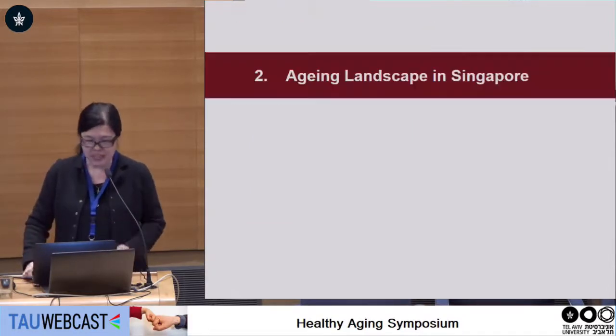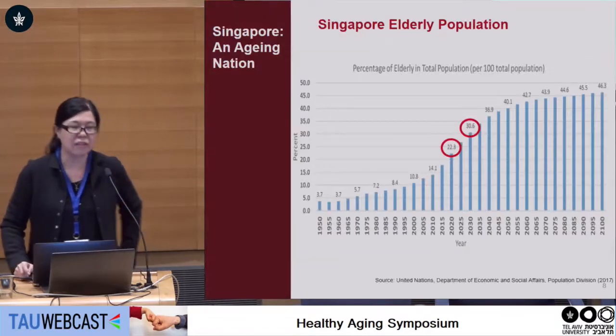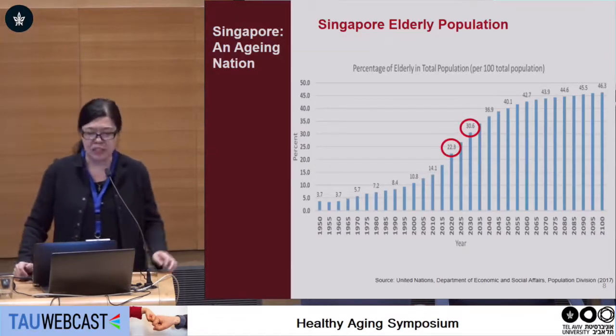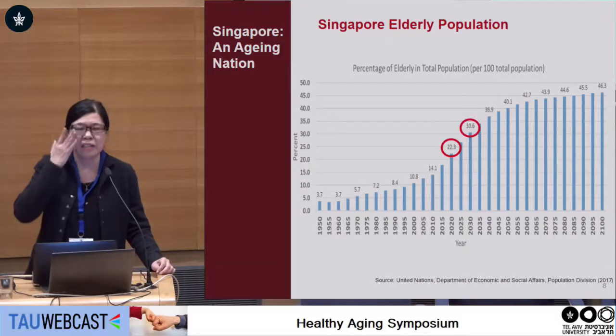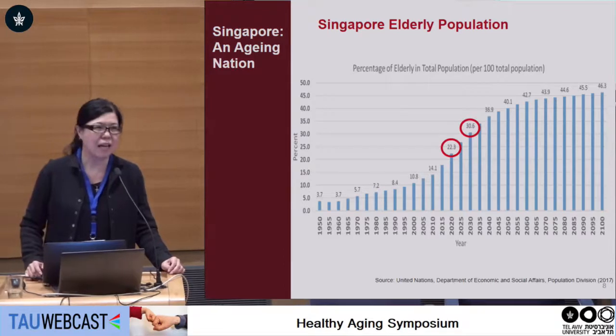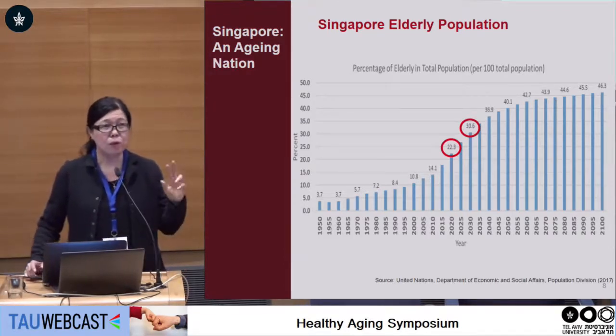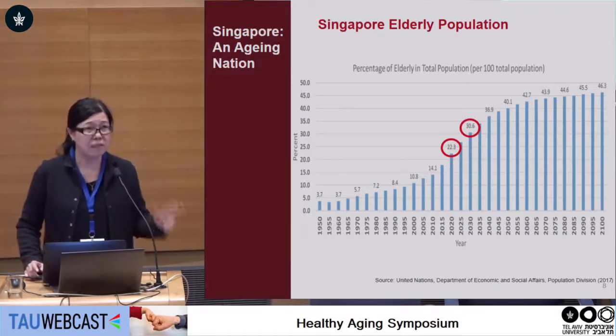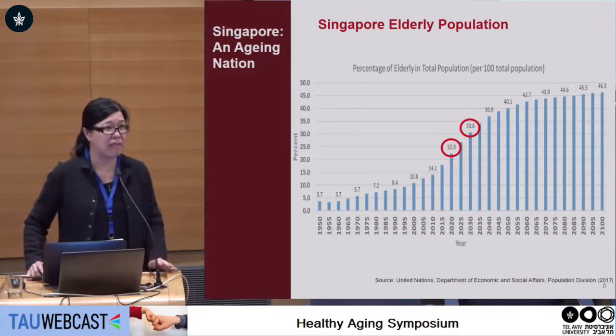With that, I'm going to talk a bit about the aging situation in Singapore. Aging is a big problem in Singapore. We are aging faster than predicted. In the year 2030, about 25 to 27% of the population will be 65 years and above.